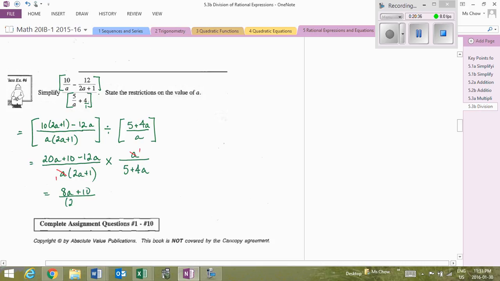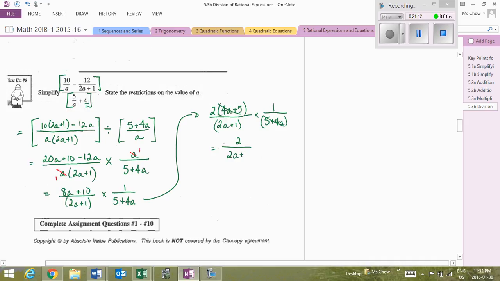And we've got 2a plus 1 times 1 over 5 plus 4a, and the numerator, conveniently, we can factor out, take out a factor of 2, so 2 times 4a plus 5, that's convenient, over 2a plus 1 times 1 over 5 plus 4a, and those cancel out, so we're left with 2 over 2a plus 1.